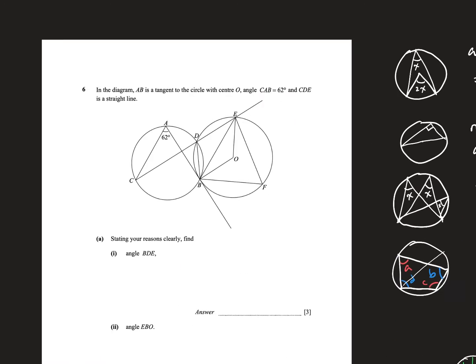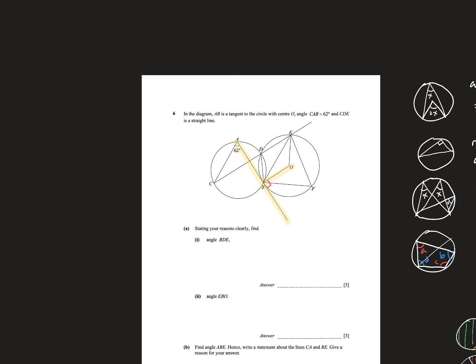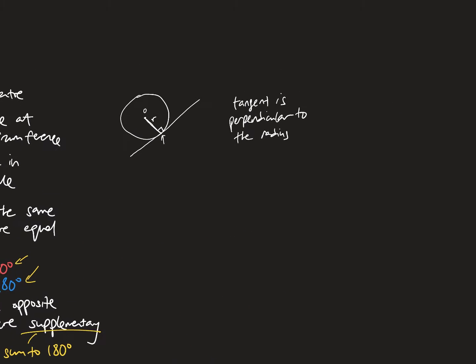So over here, in the diagram, AB is a tangent to the circle with center O. So immediately you can see, maybe we can apply that concept. You can see that AB is a tangent to this circle of center O. So immediately, honestly, you can see this has to be 90 degrees over here based on this property, right?